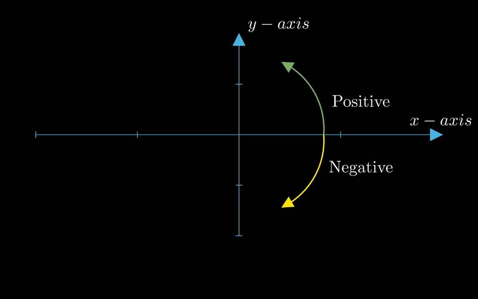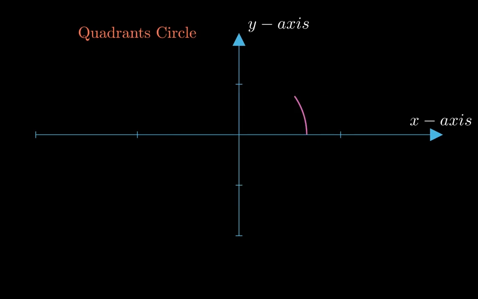other negative angle. And now the axes, the x-axis and the y-axis, divide the plane into 4 quadrants, and the angles are measured in the anti-clockwise sense from the positive x-axis.